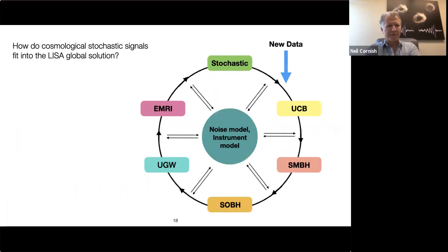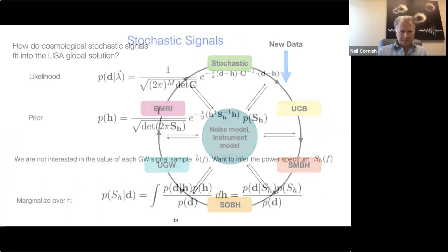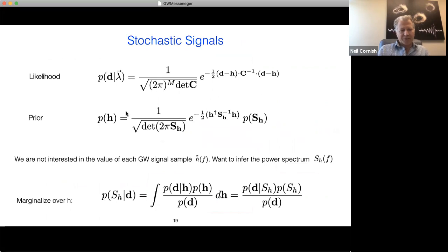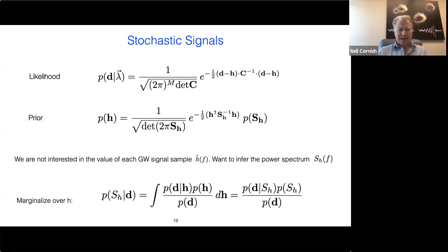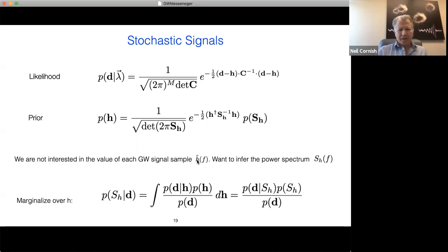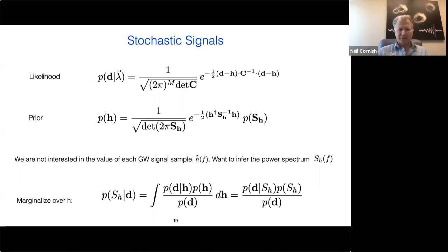Okay, so back to the main topic for the day. How do cosmological stochastic signals fit into this global solution? Well, with a stochastic signal, we're not so much interested in what the individual, I'll switch back to the frequency domain here for the moment, just because it's more familiar, I guess. We're not really interested in what the individual real and imaginary parts of a stochastic signal equal, because that's random, right?